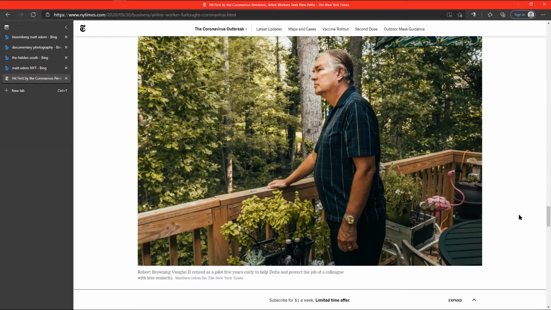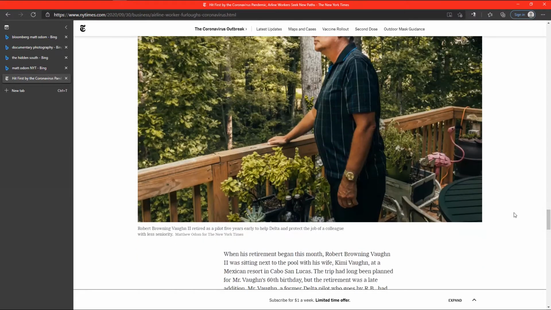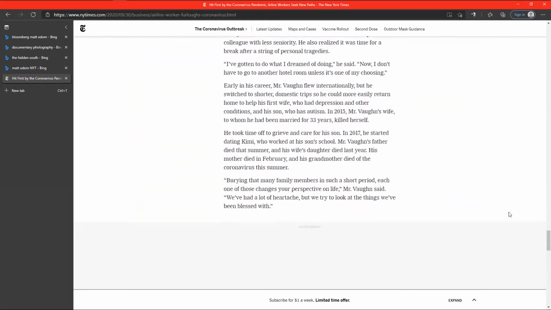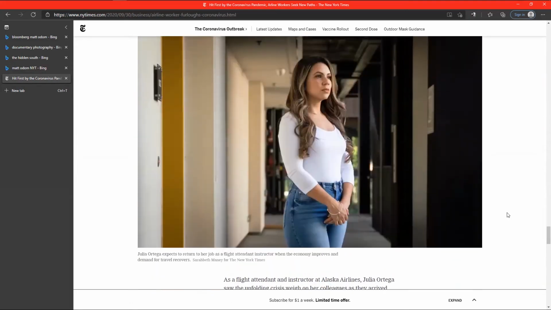So in this environment, it looks like he's just at home enjoying himself and just taking a look outside on his patio. And so basically I just had the gentleman take a look off to the side, photographed it in a way where it looked natural, and to tell that story that he's a retired pilot. I think there's a couple of other ones here, but these are just basic, simple portraits that you can use to tell a story to complement it.